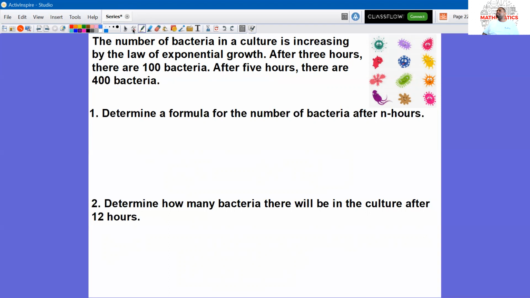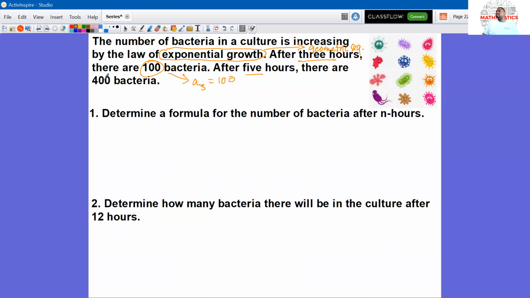Okay, so let's go back in and read this again. Exponential growth is going to imply we have a geometric series, a geometric sequence. After 3 hours, there are 100 bacteria. So that means A3 is 100.